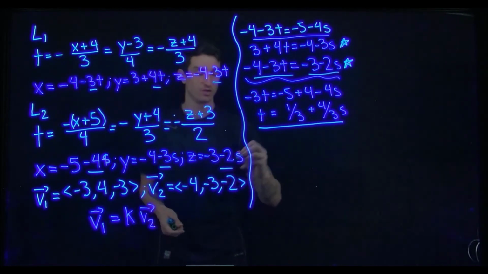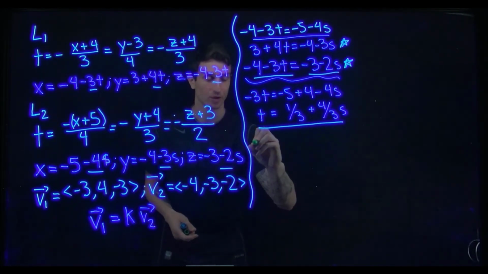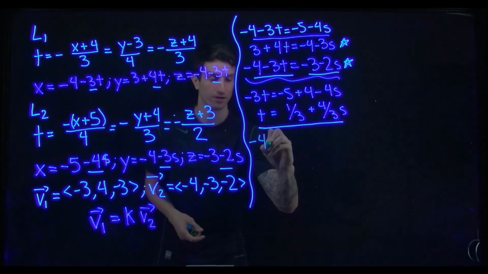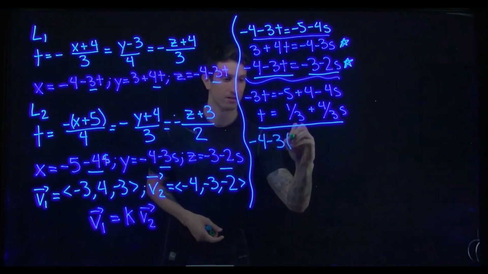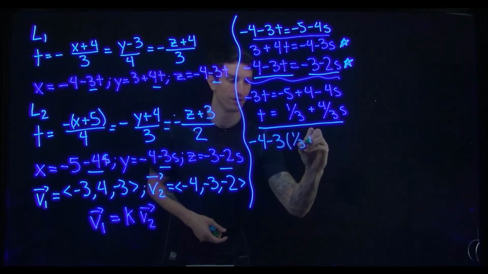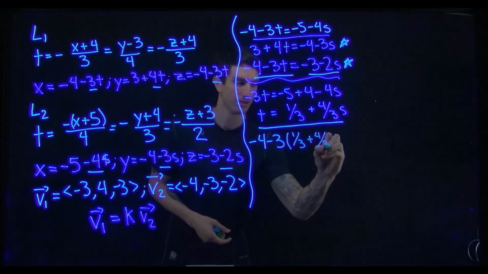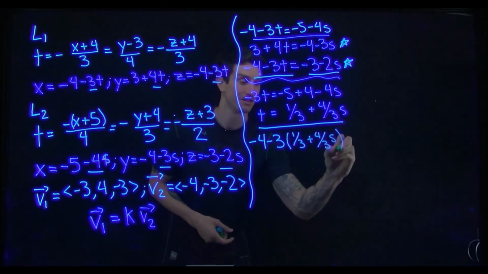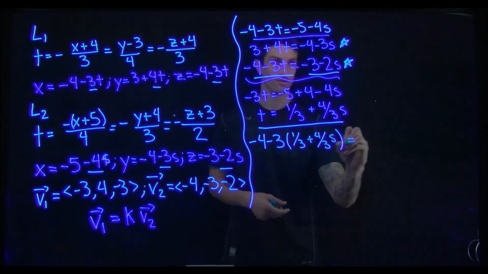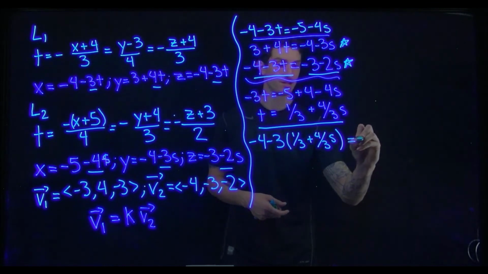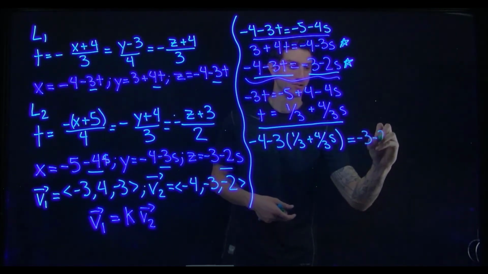what do I get? So let's see. We have negative 4 minus 3, we're going to plug in t, 1/3 plus 4/3 s is equal to negative 3 minus 2s.